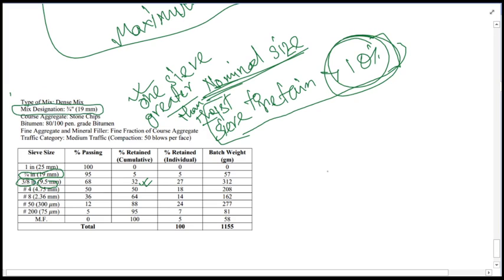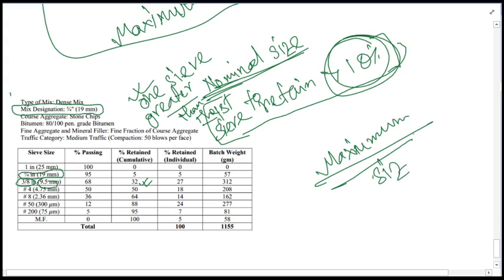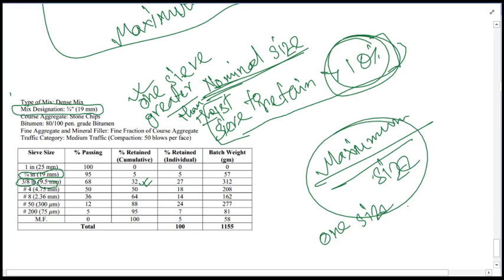And what will be the maximum size of aggregate? That will be one size greater than the nominal size. In this case the nominal size is 19 millimeter, so the maximum size will be one greater than that.